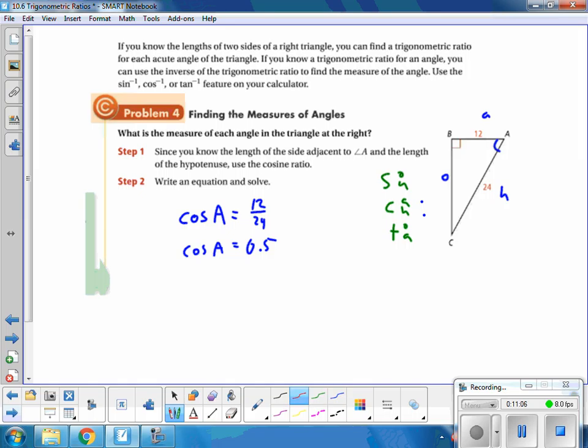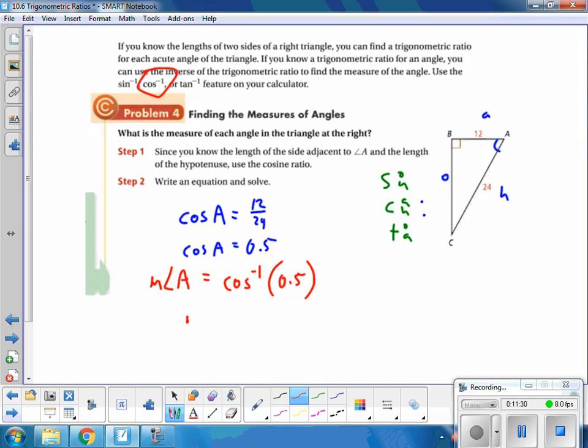And if I type in my calculator, again, there's a button for this, cosine, I'm going to look at the other side of it, looking for the angle. I'm going to be finding the measurement of angle A is the cosine of -1 times 0.5. So in my calculator, I'm actually going to hit the button cosine -1, and I'm going to type in 0.5.